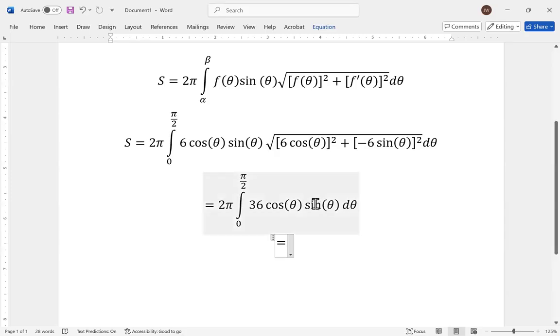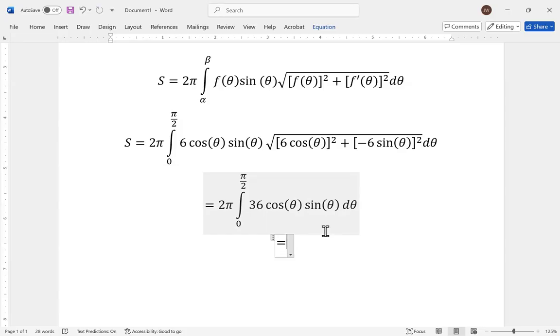If you want to do this by hand though, you could use a U substitution. U would be equal to sine theta, and then du is cosine d theta. And you could integrate with respect to u, get a u squared over 2, and you're off to the races. But if you want to type it in, you can type it in as well.